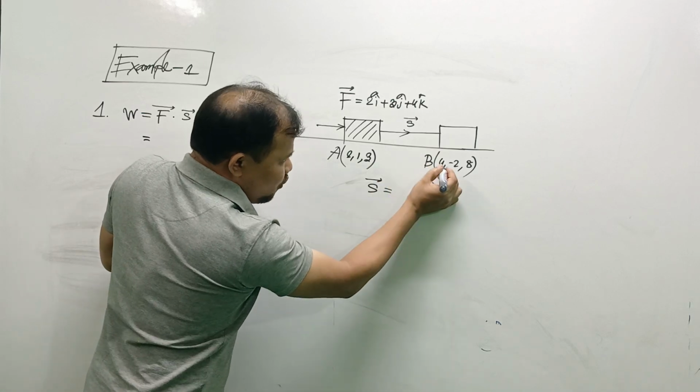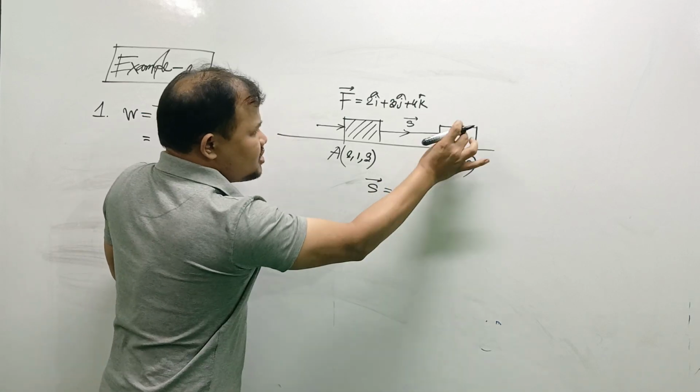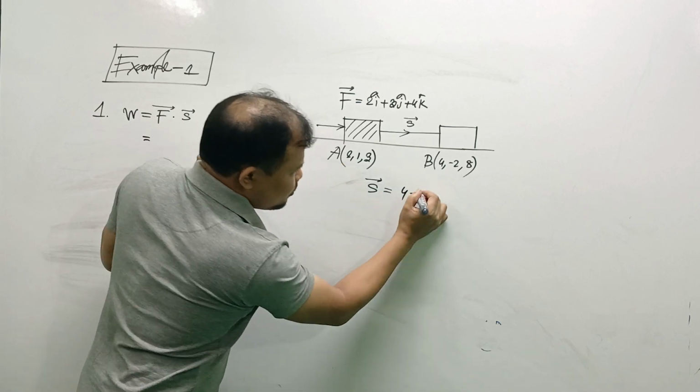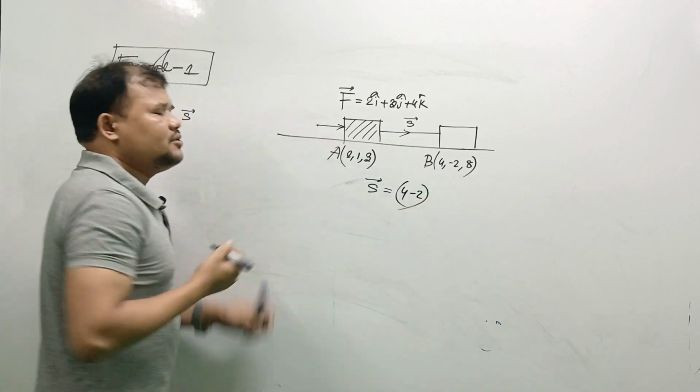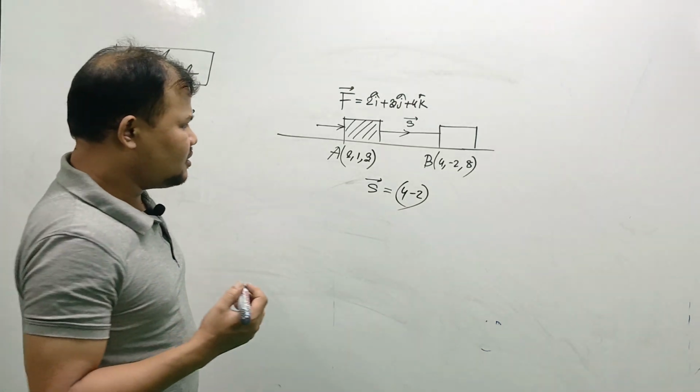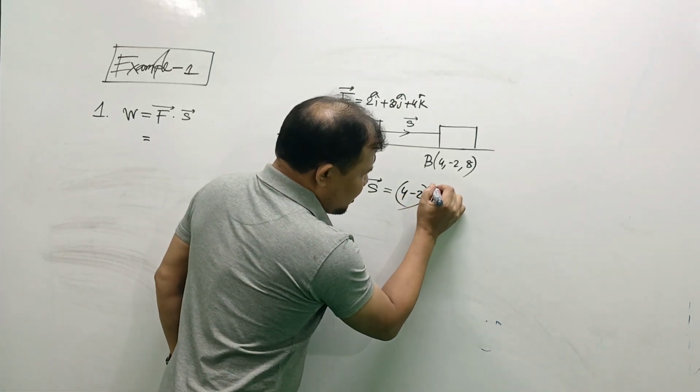At first we write 4, because this is the terminal point of the displacement: 4 minus 2. This difference occurred along the positive side of the x-axis, so we write i cap.